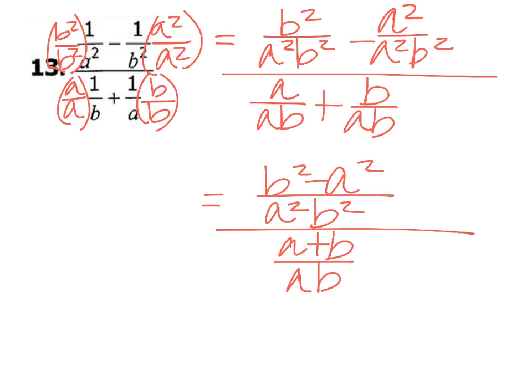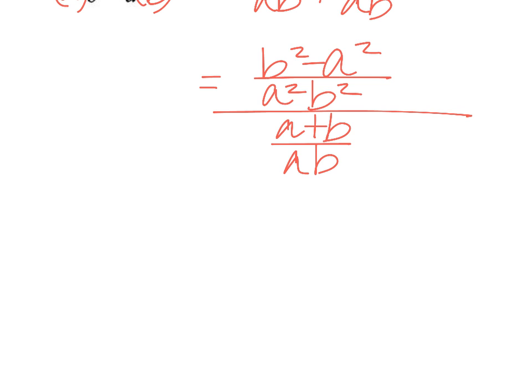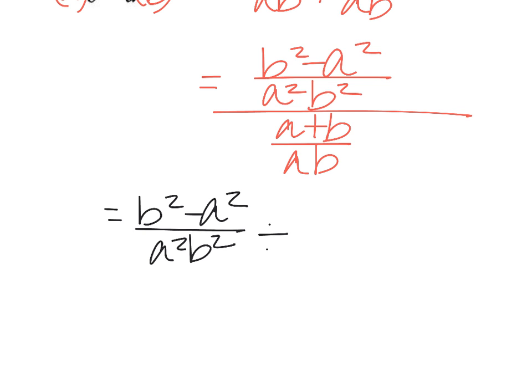Now we've got a single fraction in the numerator, a single fraction in the denominator. So now we want to rewrite it as a division problem, okay? So rewrite it as b squared minus a squared over a squared b squared divided by a plus b over ab.